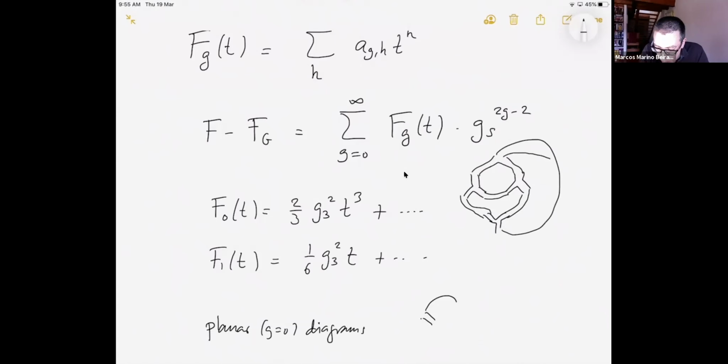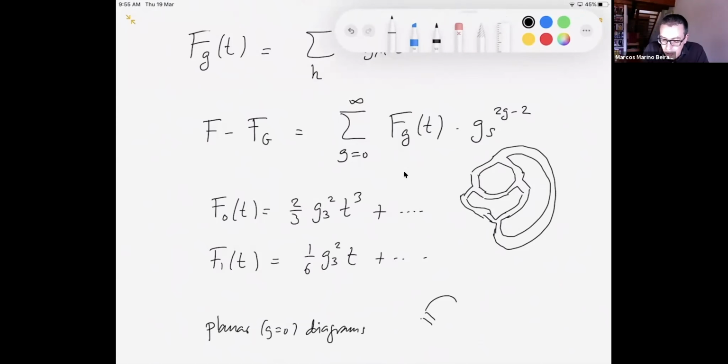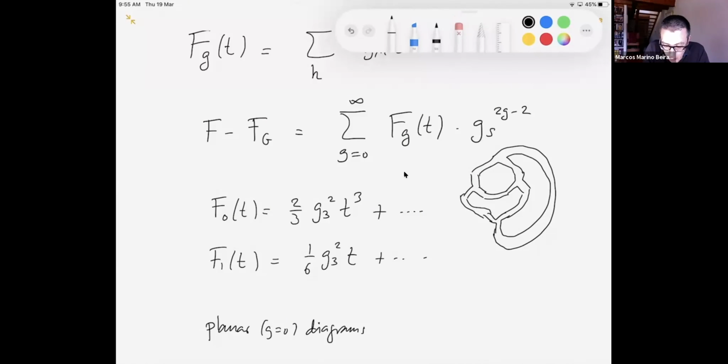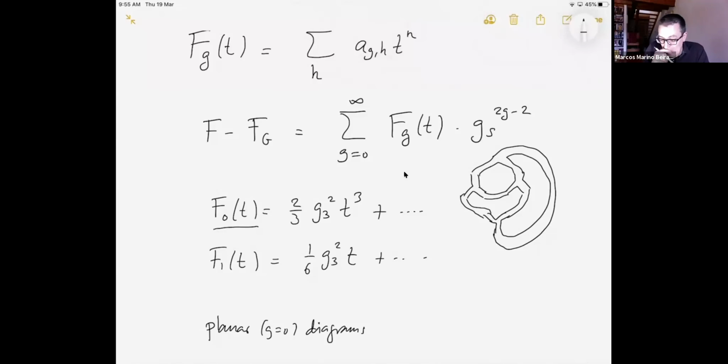So I could have a diagram like this, right? So this is a diagram which has tons of interactions. Okay, you see we have 4 vertices here, but it's also planar. So this diagram would also contribute to this F_0. Okay, this complicated diagram also contributes to F_0. So here in this series there will be an infinite number of interactions contributing, but all coming from planar diagrams.